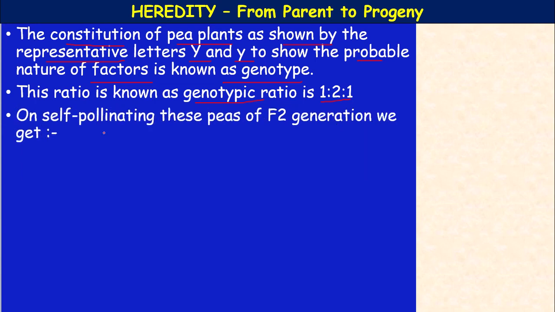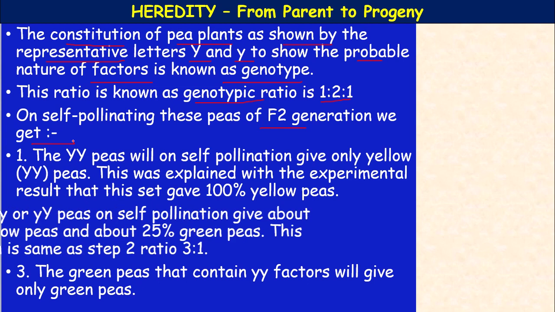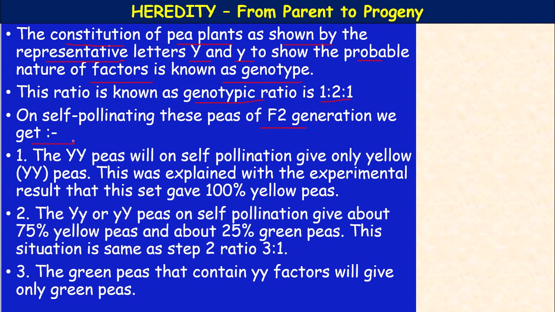On self-pollinating these peas of the F2 generation, we get three results. The first one: capital Y peas on self-pollinating give only yellow, capital Y peas only.